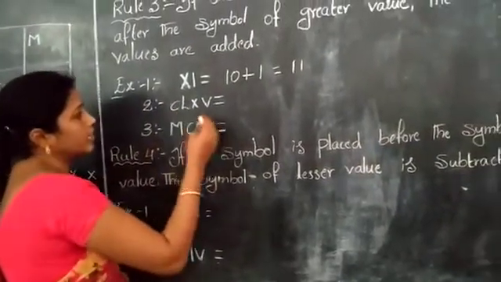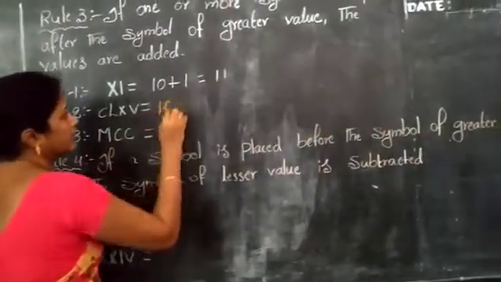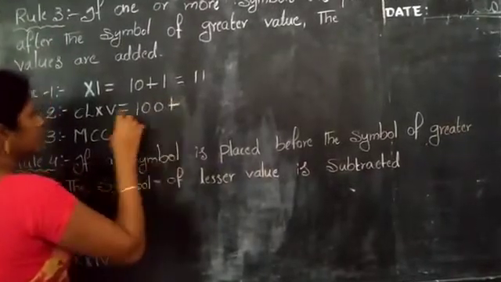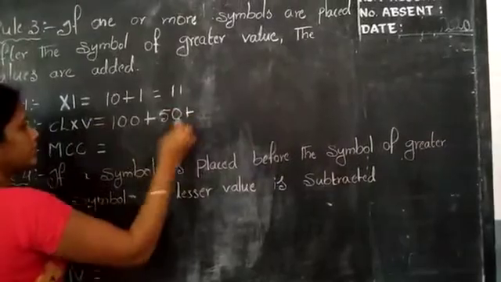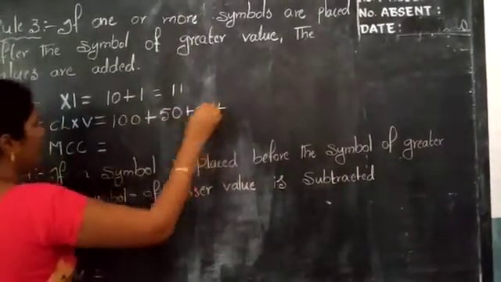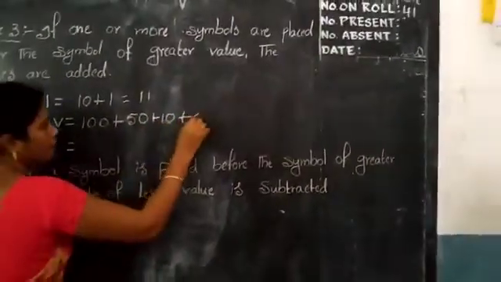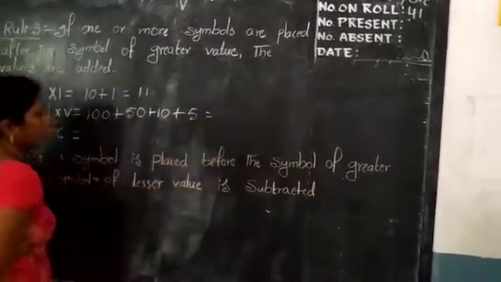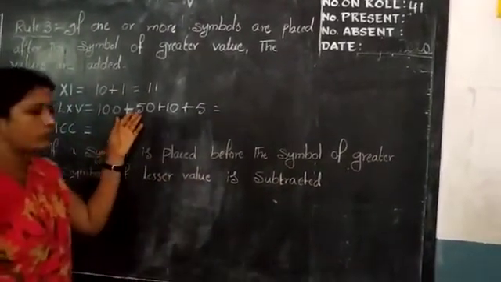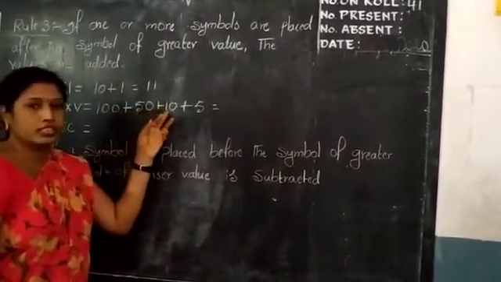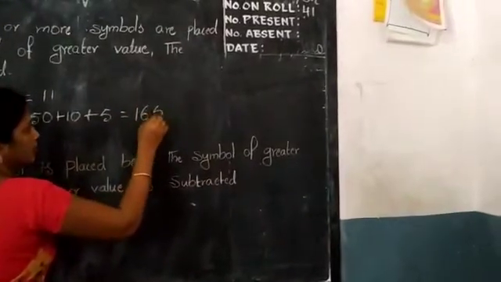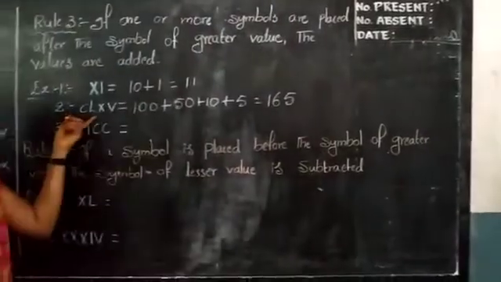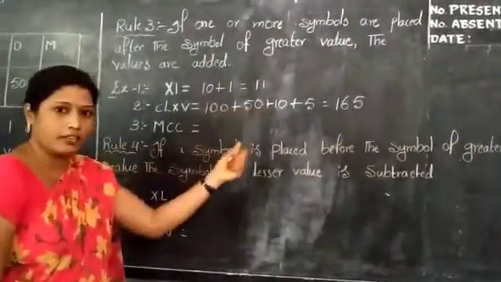So, C 100 plus L 50 plus X 10 and V 5, right? So, what is the total? 100 plus 50, 150, plus 10, 160, plus 5, 165. The value of this example is 165, right?